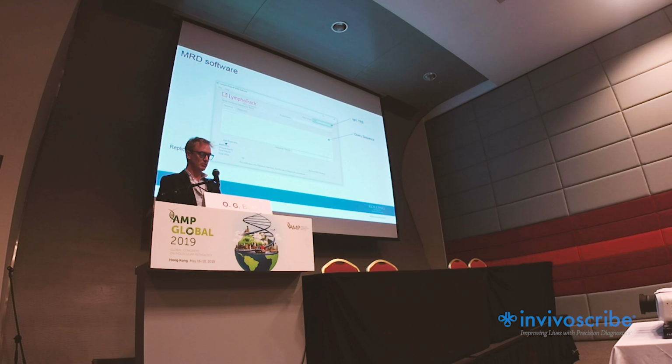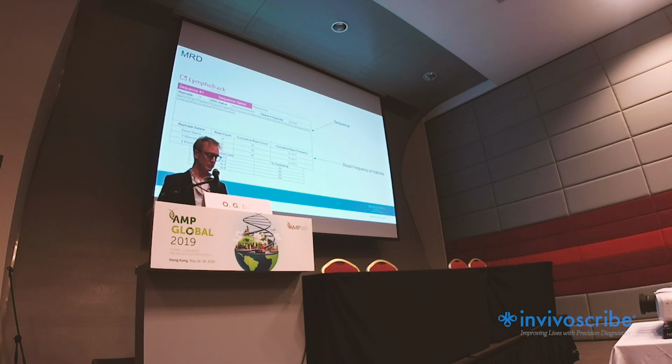So we've used the LymphoTrack MRD software to interrogate our samples for MRD status, and this just shows you an example of the LymphoTrack MRD software, where you can either use the T-cell assay or the IGH assay. You can input your sequence of interest and then interrogate your sample for that sequence.